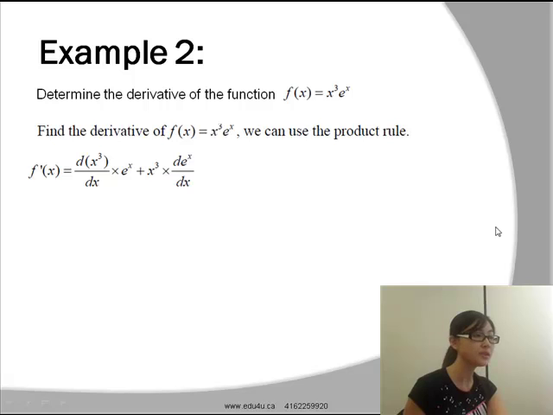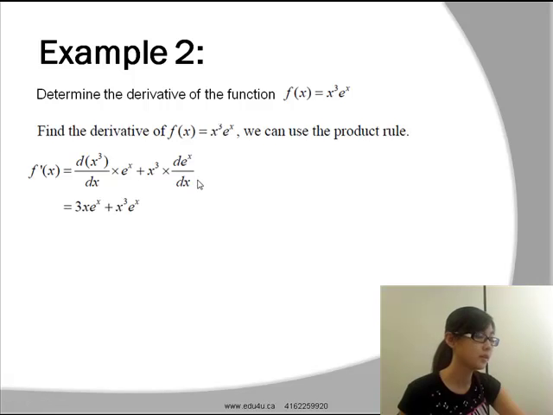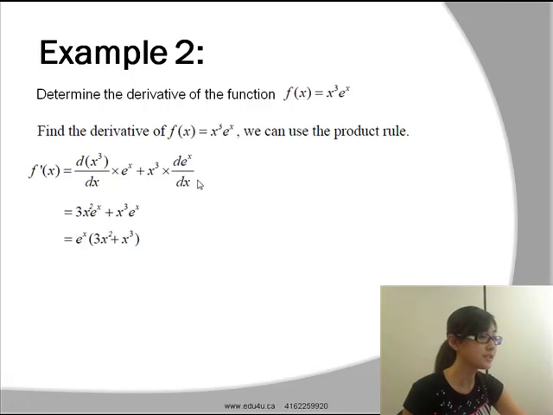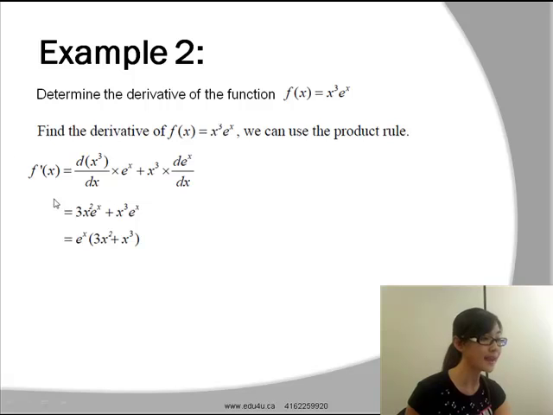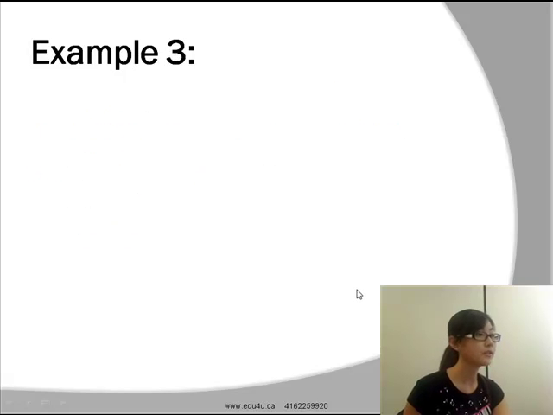The product rule states the derivative of f of x will be equal to the derivative of the first term times the second term, plus the derivative of the second term times the first term. That's going to be 3x squared times e to the power of x plus x cubed times e to the power of x, which is equal to e to the power of x times, in brackets, 3x squared plus x cubed.